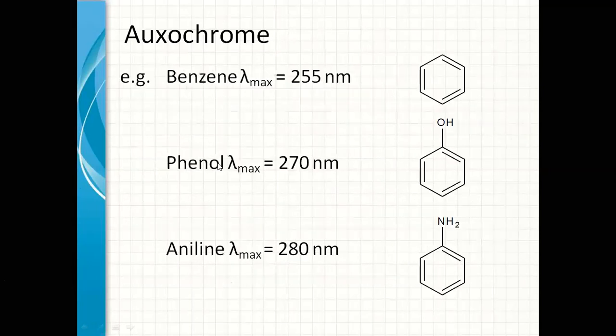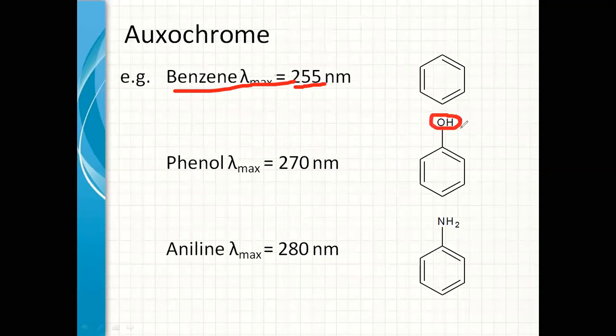See, for example, benzene has lambda maximum 255 nanometer. Phenol has lambda maximum 270 nanometer. This is the auxochrome.